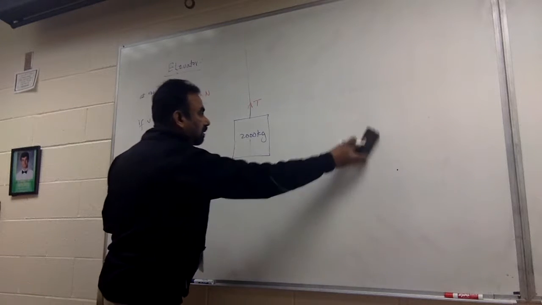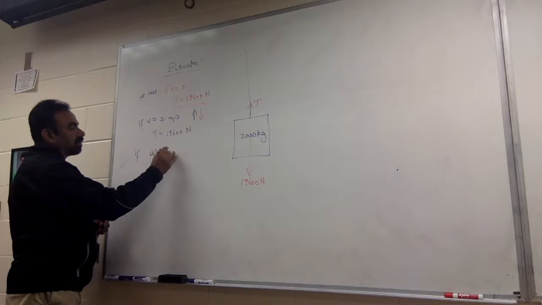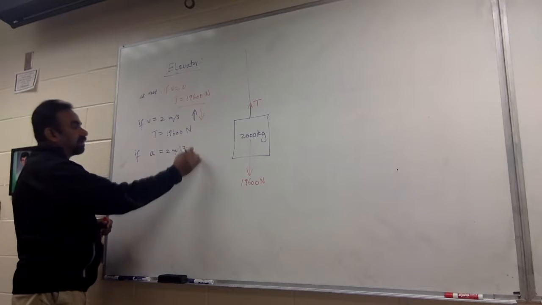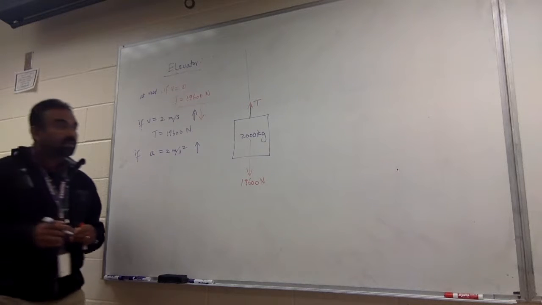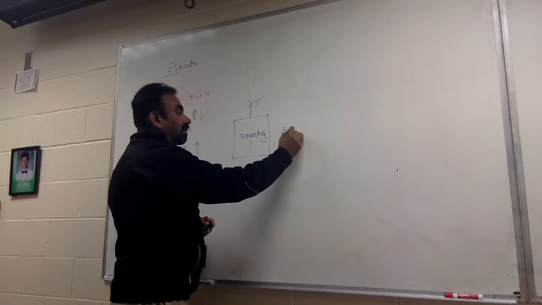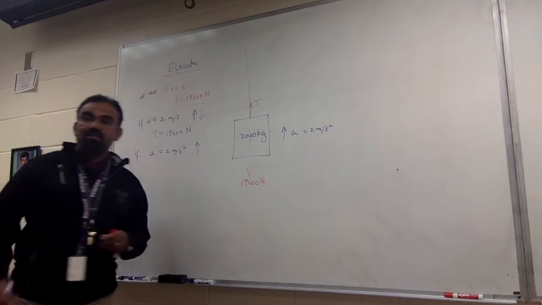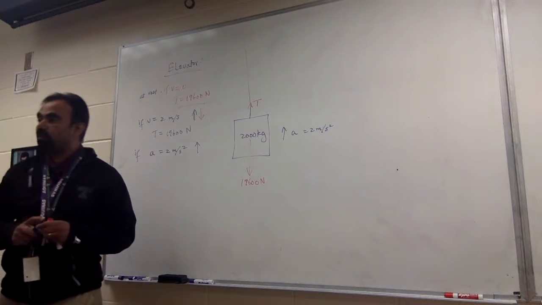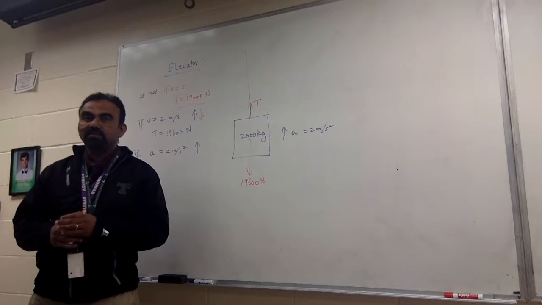If there is an acceleration of 2 meters per second squared upward, which one must be bigger, this or this? Tension.